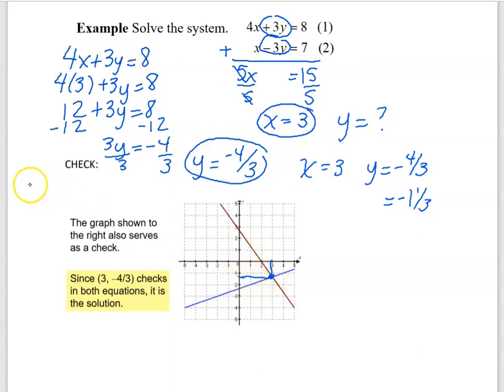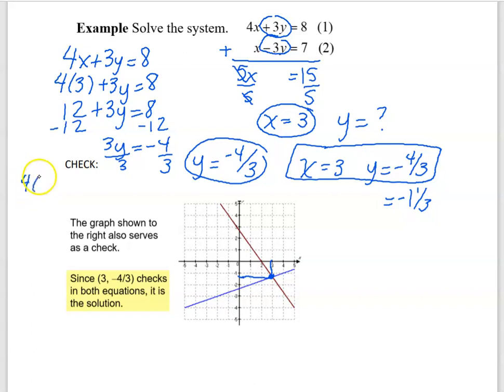Now, can I check my work here? I'm going to take the first equation, 4x plus 3y equals 8. For x, I'm going to plug in 3, and for y, I'm going to plug in negative 4/3.